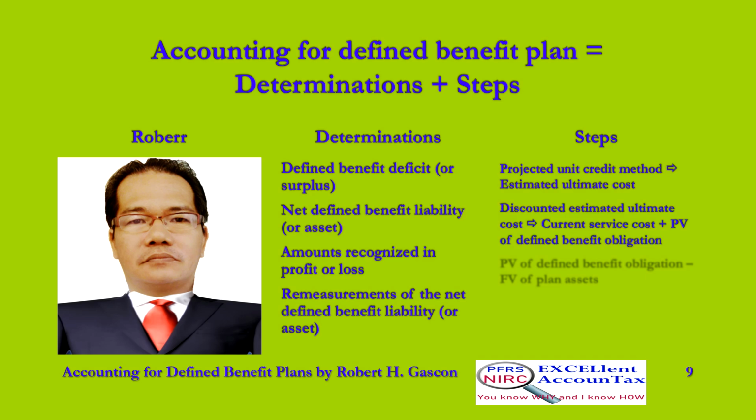The estimated ultimate cost is discounted to determine the current service cost and the present value of the defined benefit obligation. And the fair value of any plan assets is deducted from the present value of the defined benefit obligation.